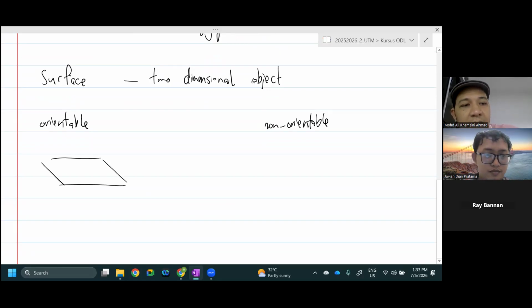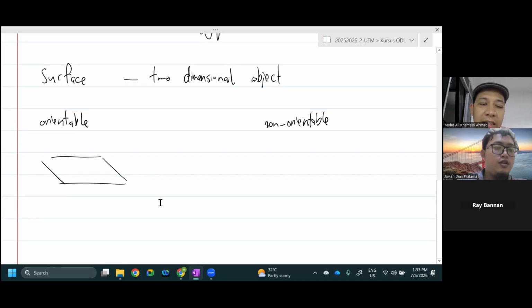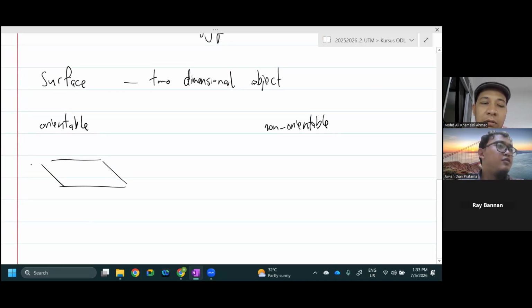A plane is an orientable surface because you can have an orientation for it. To make an orientation for a surface, sigma 1 here, you can use a unit normal.